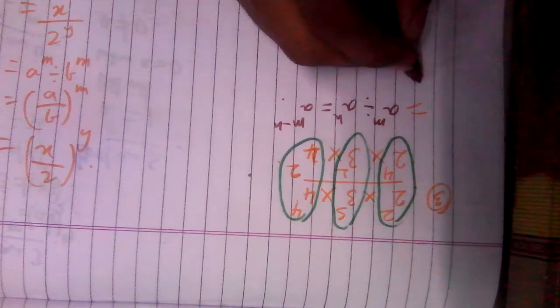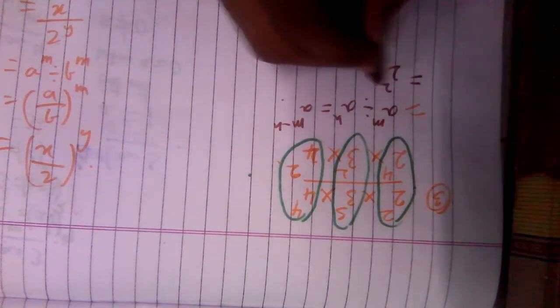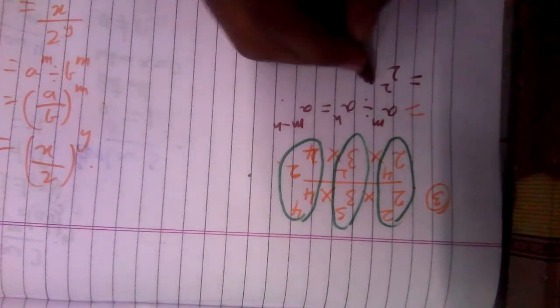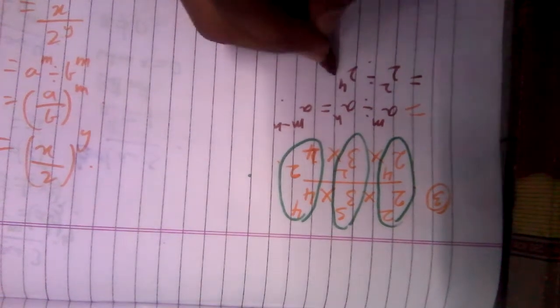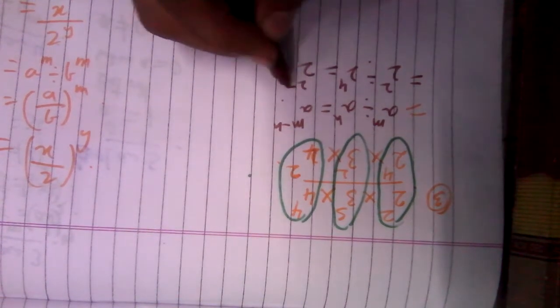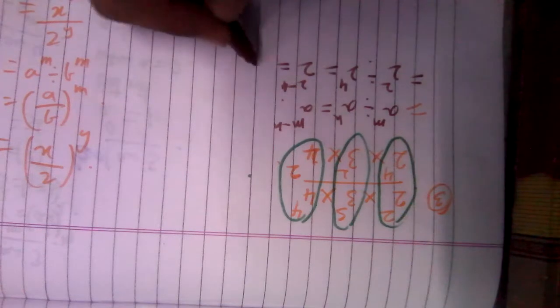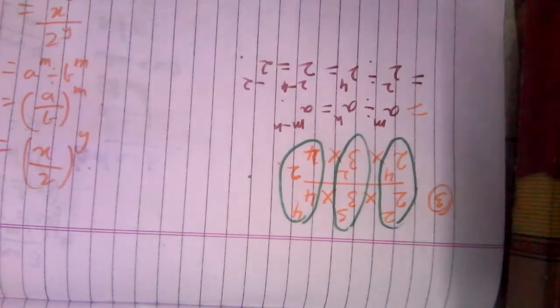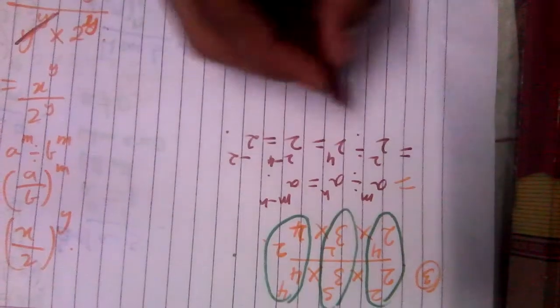So 2 to the power of 2 divided by 2 to the power of 4 will be equal to 2 to the power of 2 minus 4, which will be equal to 2 to the power of minus 2. And next term, the same formula.